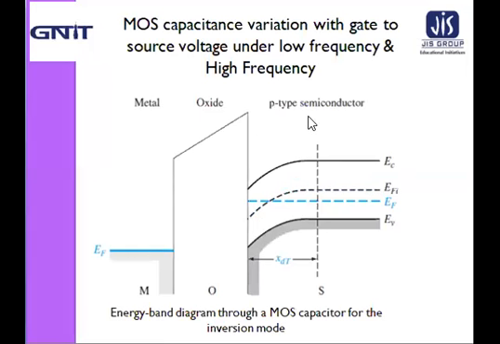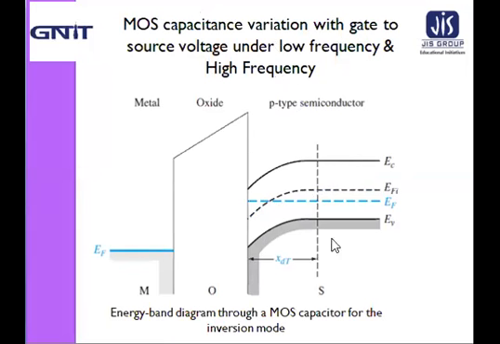Now, this is the MOS capacitance variation with gate to source voltage under the low frequency and high frequency. For that, first we have to consider this energy band diagram when the MOS capacitor is considered for the inversion mode.